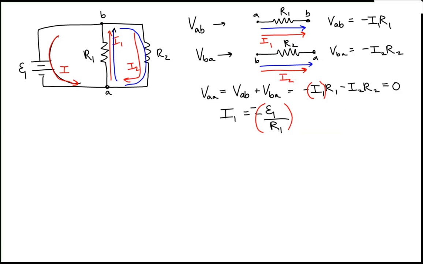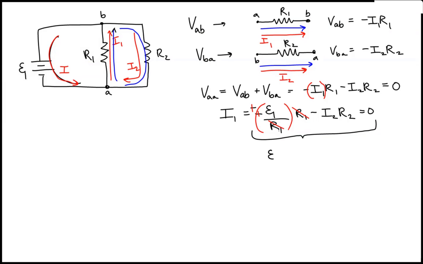So that is minus current I1 times the resistance of resistor 1 minus current I2 times the resistance of resistor 2 is equal to 0. In this first one, we have a minus times a minus is a positive. So this gives me in that first term the EMF of the battery. And then the second term is minus I2 R2.